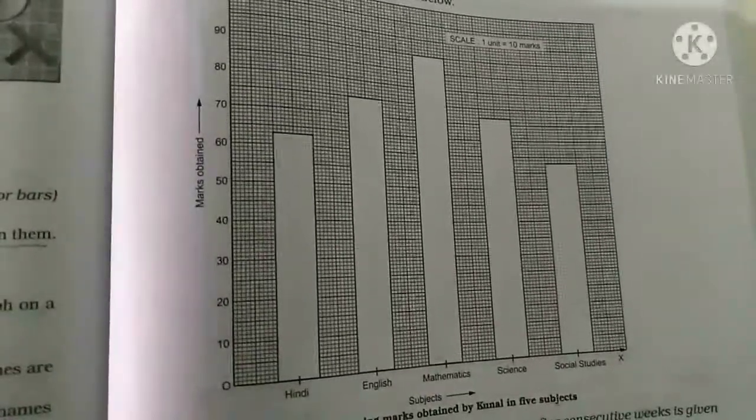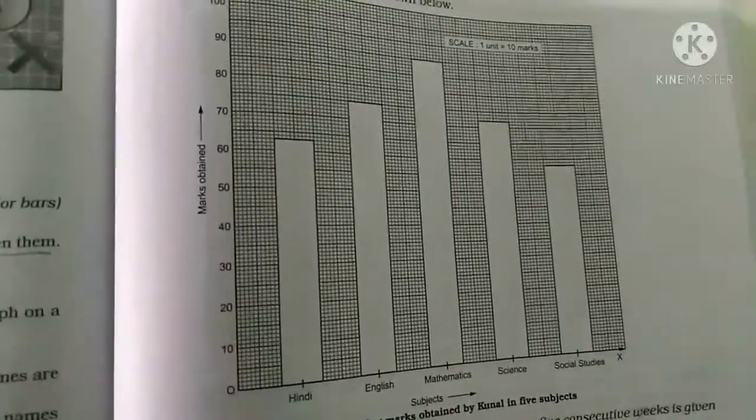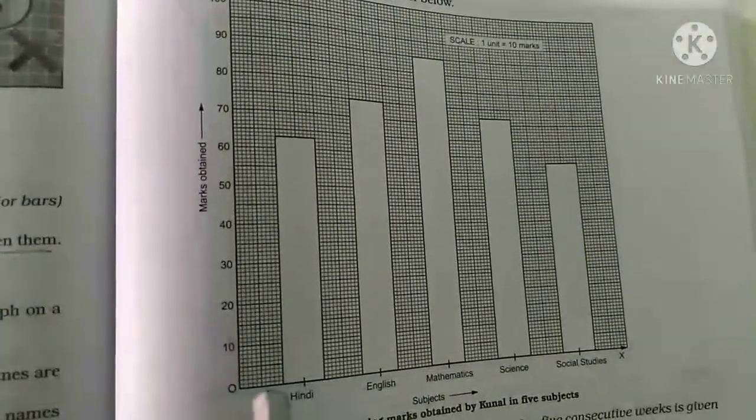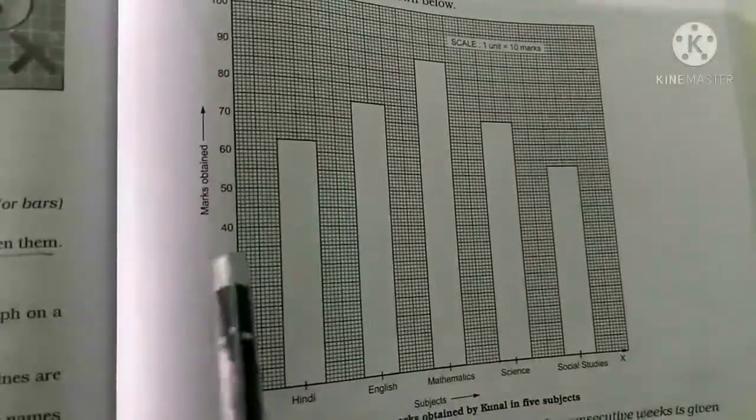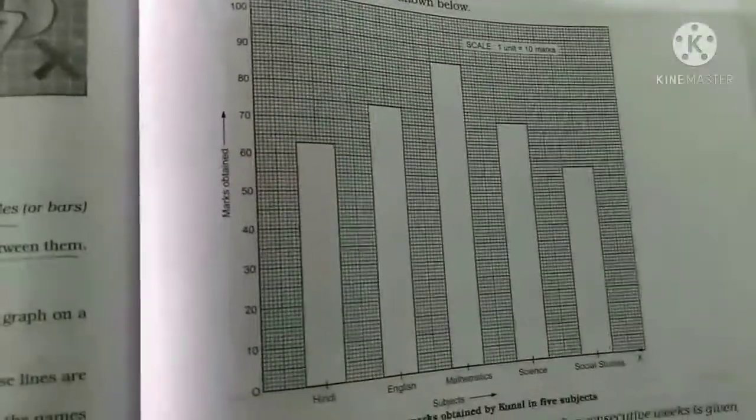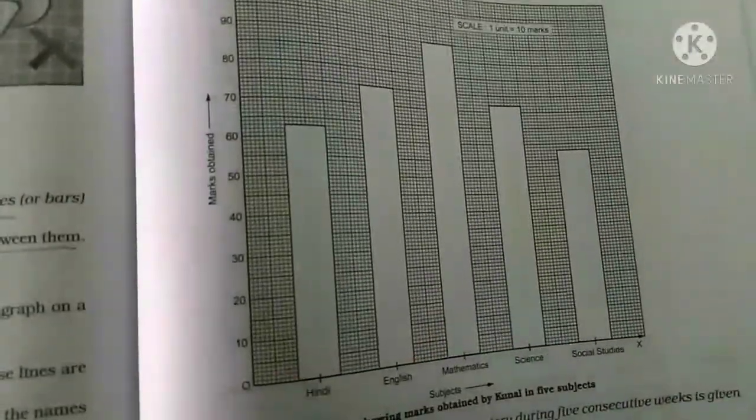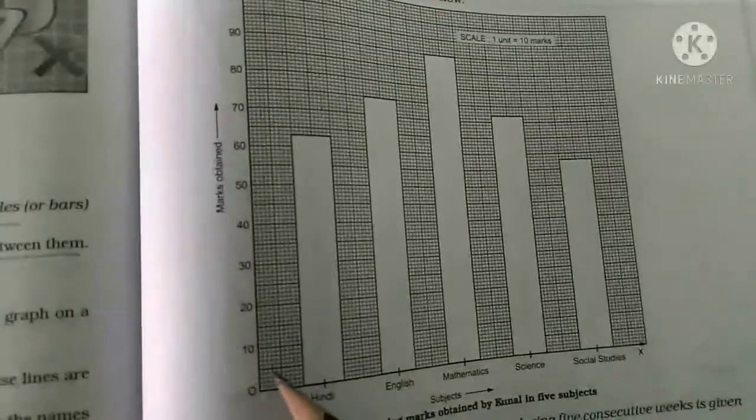So as you can see in the figure, the x-axis represents subject, the y-axis represents marks obtained. Now the first subject is given as Hindi, so we'll be representing Hindi in the beginning. First we have marked this scale, that is 0, 10, 20, 30, 40, 50, 60, 70, 80, 90, 100. Since we have a maximum of 90, we can go for 100, no problem. Now each block represents 10 subdivisions and each subdivision represents 1 millimeter each.